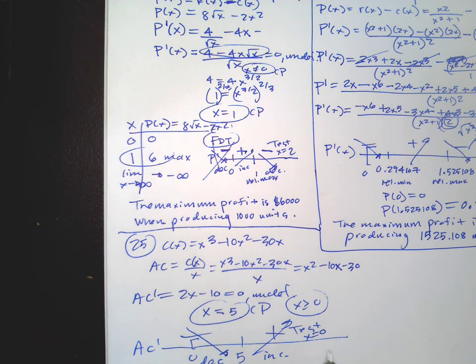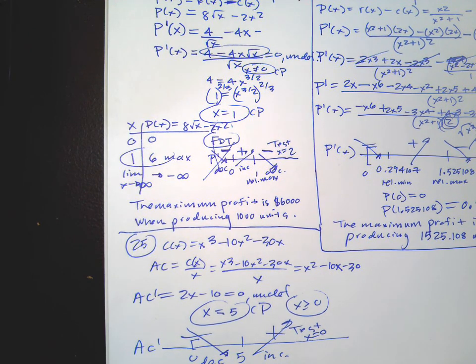Well, no, average cost here, 25. 25 minus 50 is negative 25, so $55,000 when producing 5,000 units. It seems weird, but it's like what it is. All right.